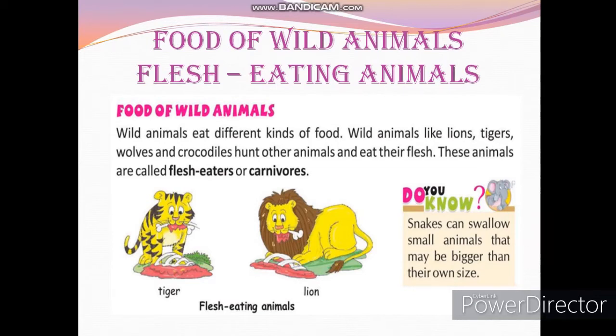Wild animals like lion, tiger, wolf, and crocodiles hunt other animals and eat their flesh. These animals are called flesh eaters, or carnivores.